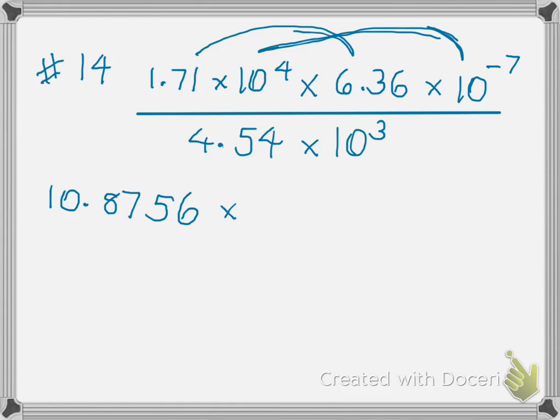And then over here I have 10 to the power of 4 times 10 to the power of negative 7. Well, by the product rule, when we multiply like bases, we add the exponents. So we're going to add these exponents, the 4 and the negative 7.